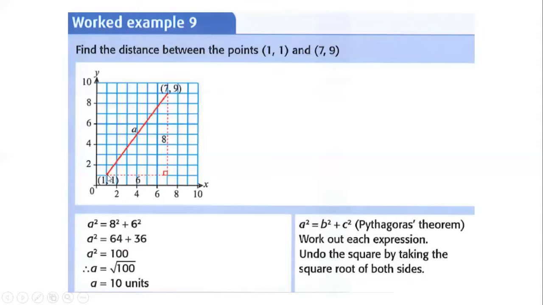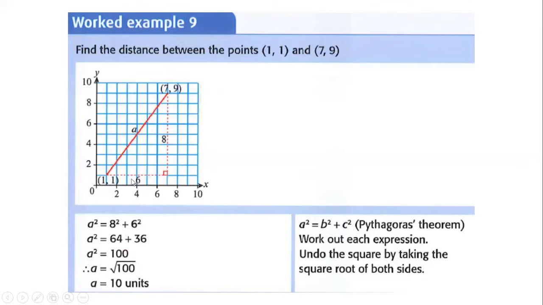For example, this length 6. How can you find it? You know this coordinate, it is 7, and you know this coordinate, it is 1. According to the x-axis, the first coordinates show the distance from this point to the y-axis, isn't it? So 1 unit and 7 units. So what is this? It is 7 minus 1, isn't it?